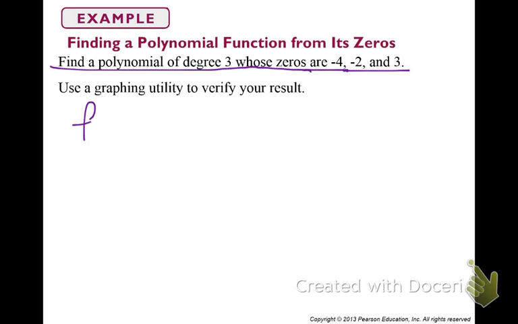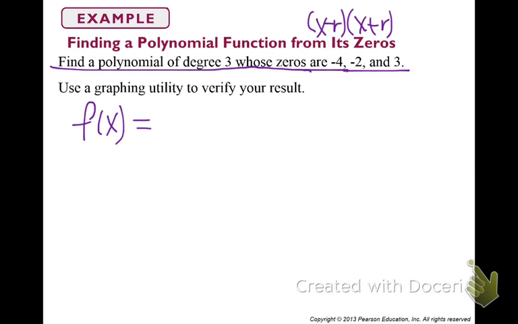Okay, so we have a function, f of x. It is a degree 3, and we have 3 zeros. Now, remember how we got those zeros, guys? From our binomials, x minus r, or x plus r maybe.